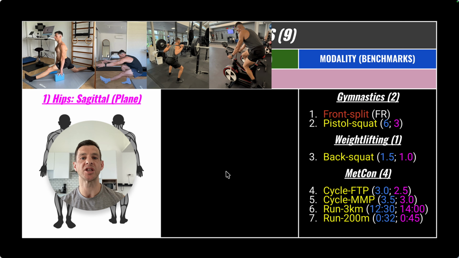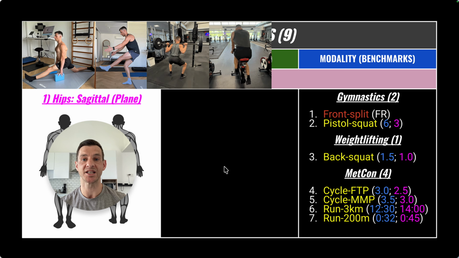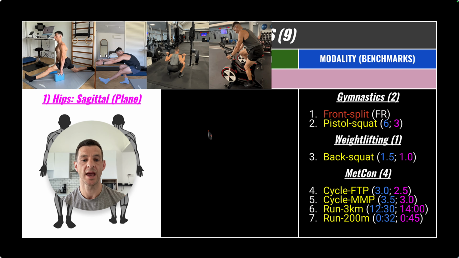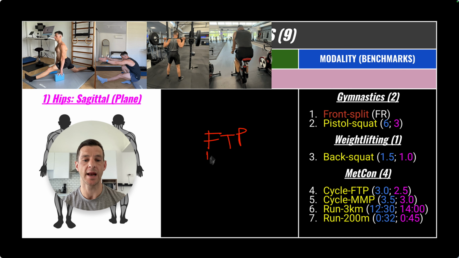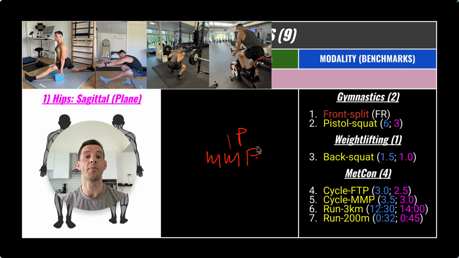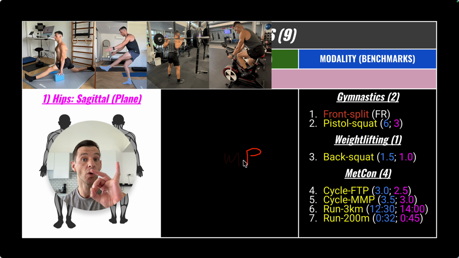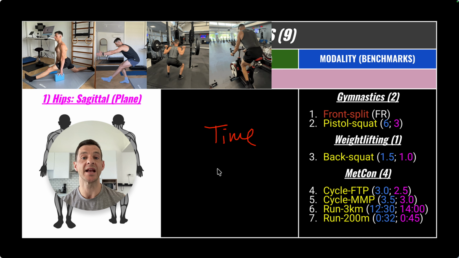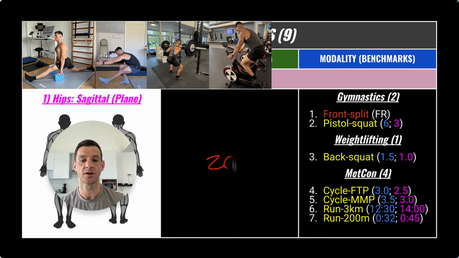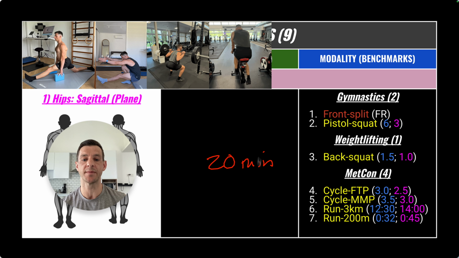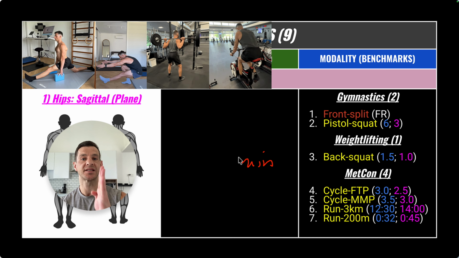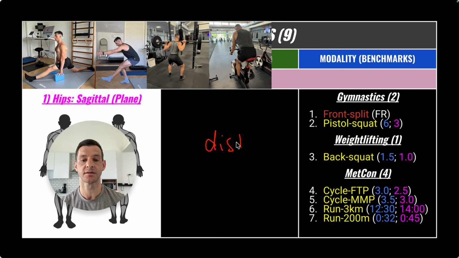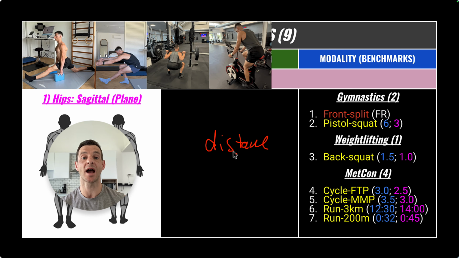Again, watch my benchmark video where I explore and discuss my rationale for these numbers. FTP and MMP are both measures not of position or load, but in this case, it's a benchmark of time. In your FTP test, you're going all out for 20 minutes. In this case, the time is fixed, but you're trying to cover a maximum distance in that time frame.